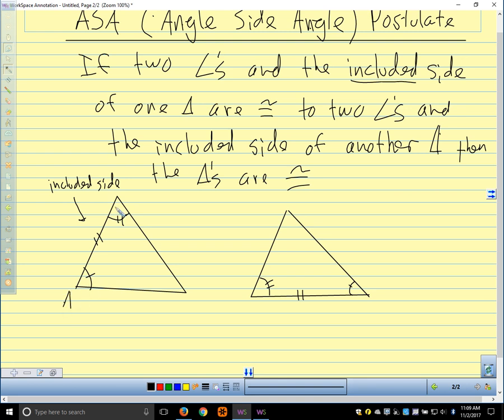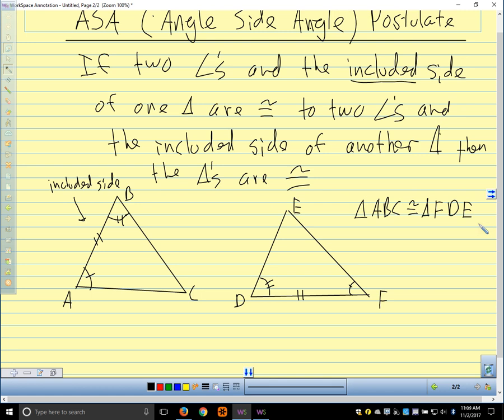And I'll call this A, B, C, and D, E, F. And our congruence statement, we would say triangle ABC is congruent to triangle, well, A has to match up with angle F, B has to match up with angle D, and C has to match up with angle E. So triangle ABC would be congruent to triangle FDE.